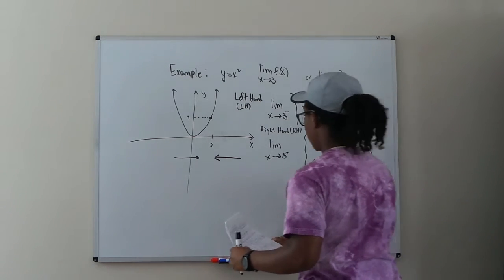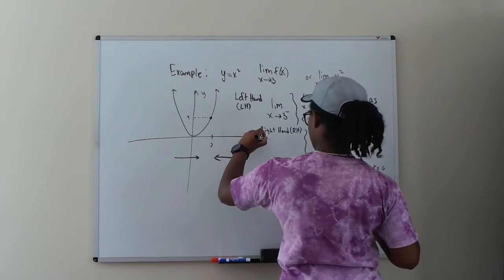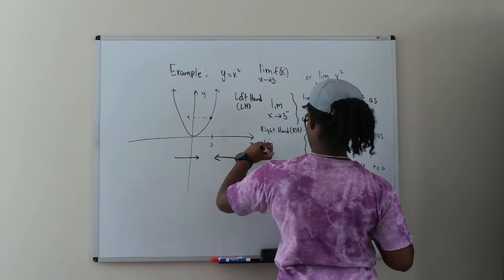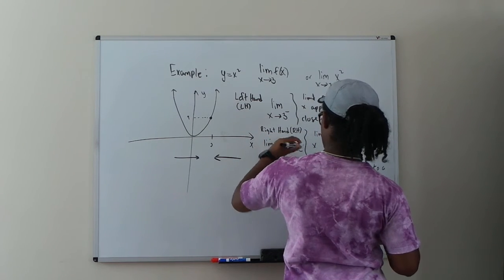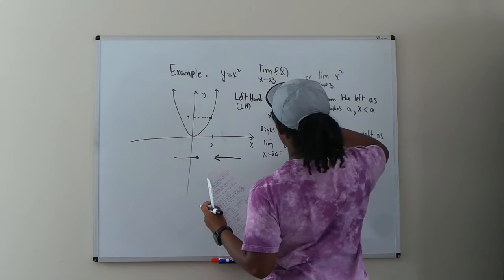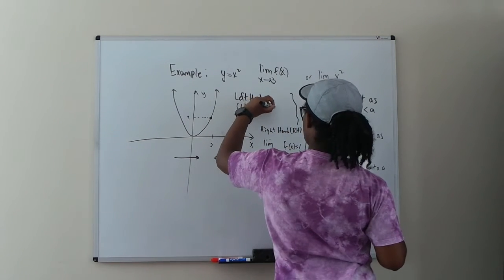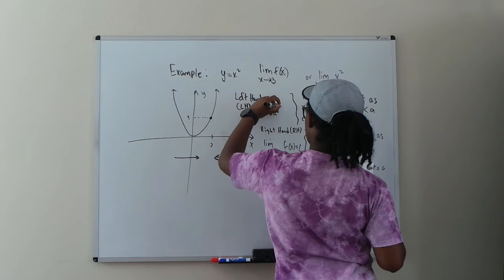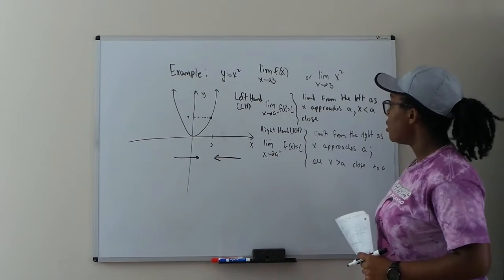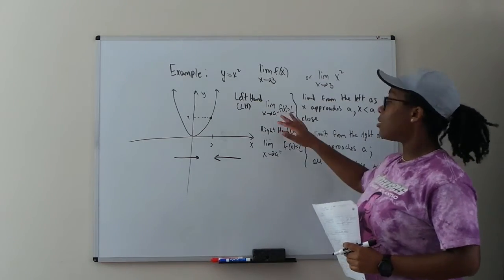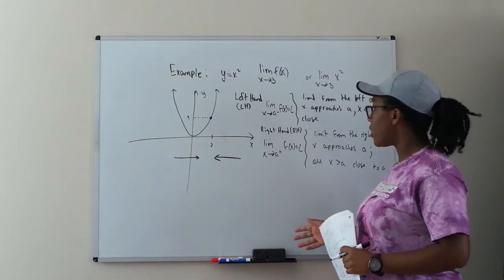And oops, I wanted the actual, so the limit as x approaches a from the positive side of f of x is equal to L, and then the limit as x approaches a from the left side of f of x is equal to L. Okay, so remember how we said the limit as x approaches a just generally of f of x is equal to L?